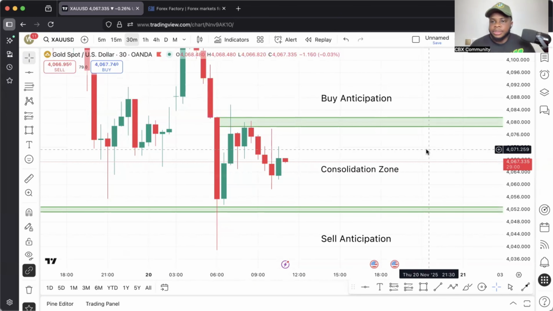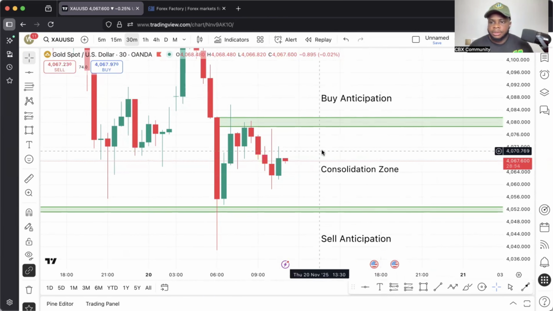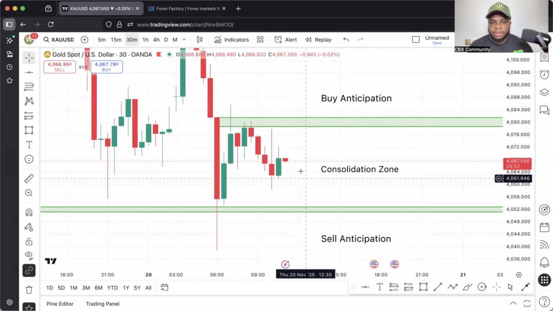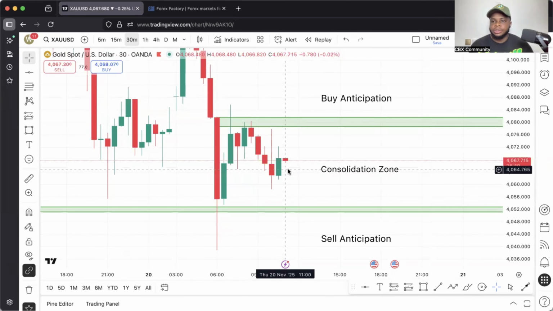If you guys have a question, you can send your message to the chat box and I'll get back to you guys. Meanwhile, let's just be patient until we are able to identify a structure, until we are able to identify what we are anticipating the market to give to us before we decide to take a position.